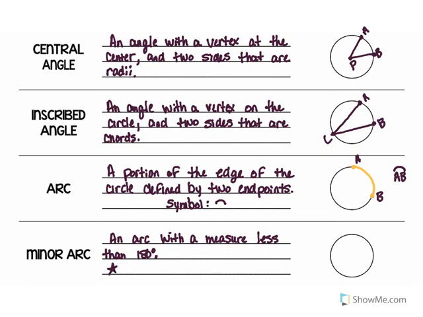So with a minor arc, you use 2 letters to name it. So I'm just going to do another one. And label it CD, and that would be arc CD. 180 degrees is just half a circle, just so that you guys know.